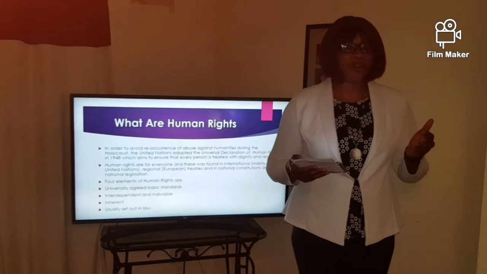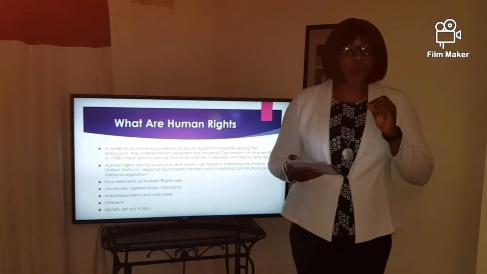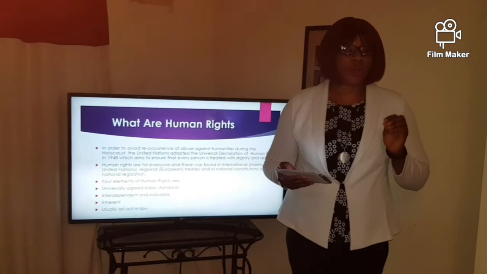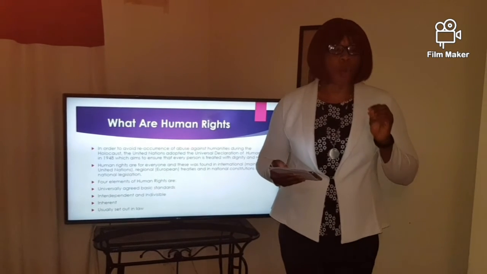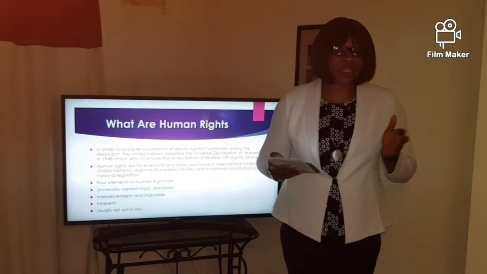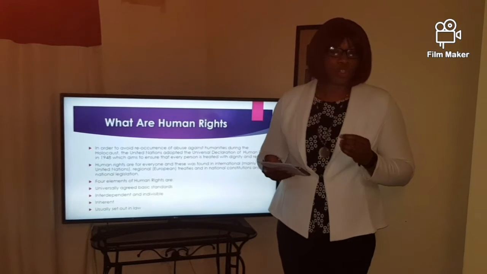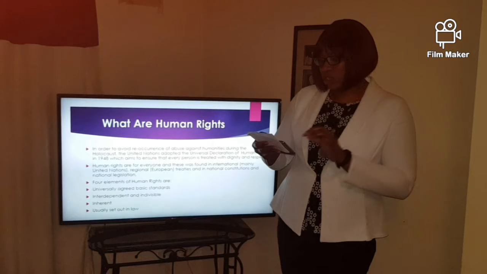And then the principle of non-discrimination is at the center of human rights and features in all of the human rights treaties. We have the fourth one, which says they are usually set out in law through international or regional treaties or national legislations. It forms a legal statement of universally accepted principles of how the state should treat its citizens and other people within its jurisdiction.